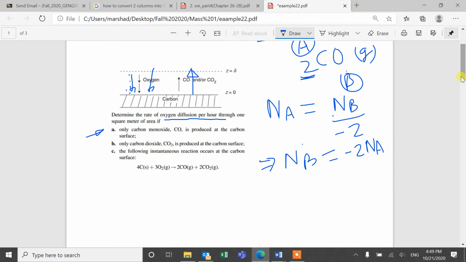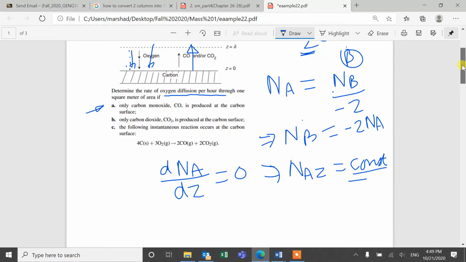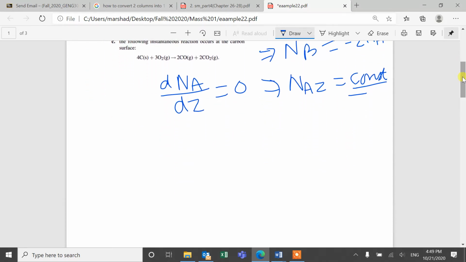If you apply the differential equation, you have no reaction and only the z direction, so from there you will get this term only. dNAz/dz is 0, so NAz is constant. NAz is not changing with z. Now let's go to the flux equation.